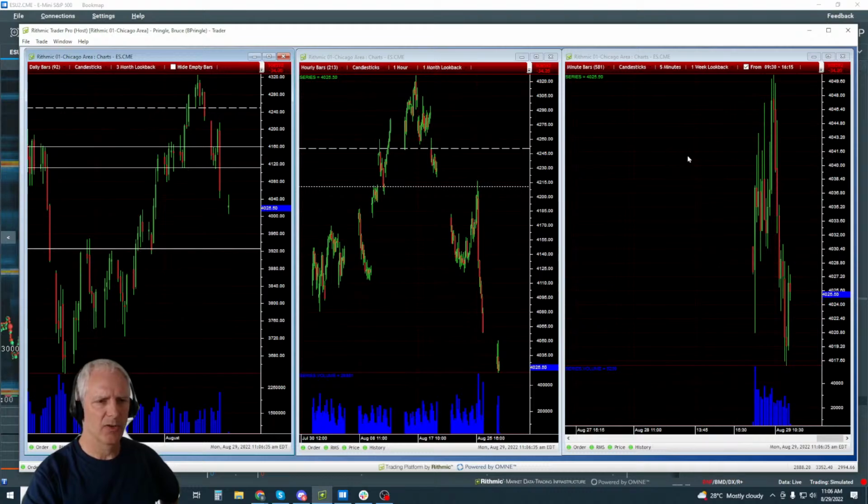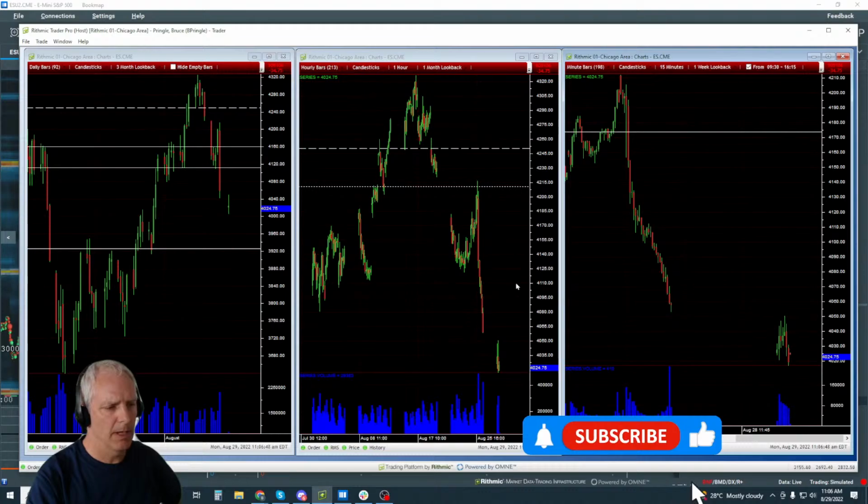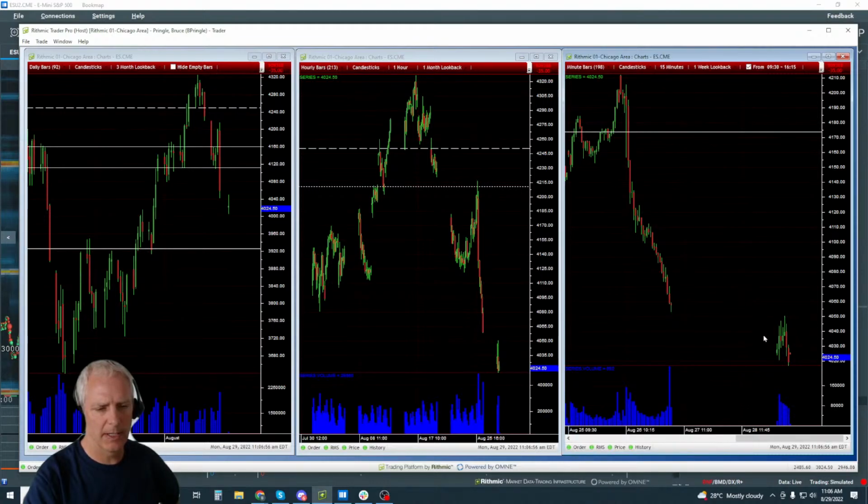Our 5-minute is not giving us much. This big candle here is our sell side control on the hourly. Not seeing much today, we have a few wicks, that's about it. And in here, it's a mess.